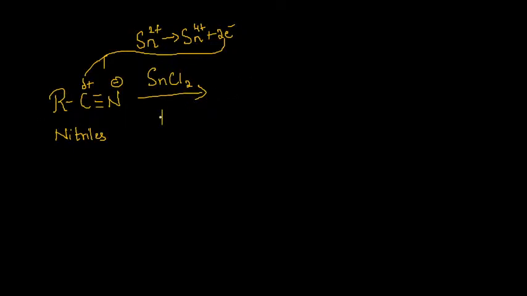Now, if I take two molecules of hydrogen chloride, add one hydrogen to carbon and one hydrogen to nitrogen. So you will get RCH double bond NH. Is that clear?